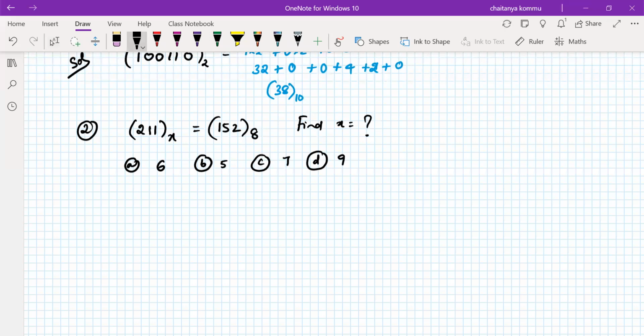What is the right answer for this? 211 of base x is equal to 152 of base 8. What is the right answer?